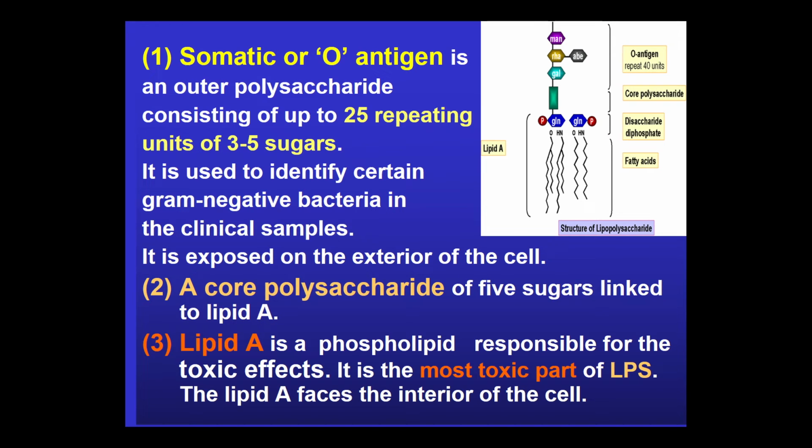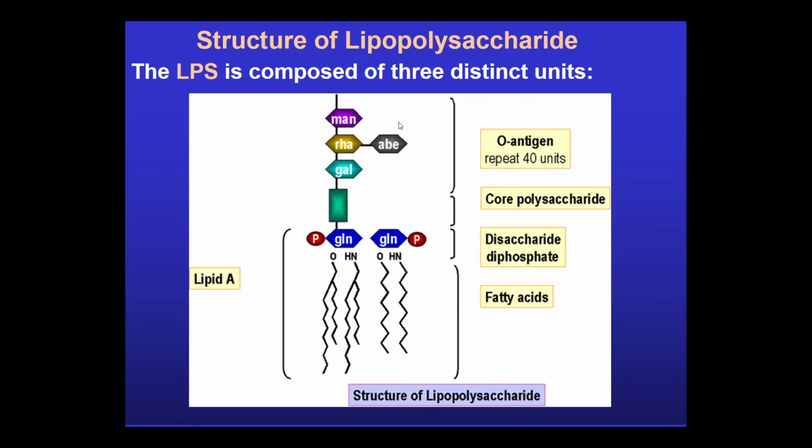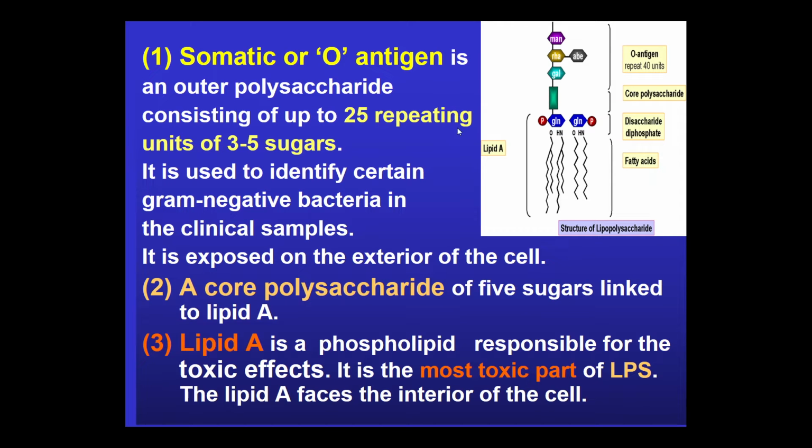The upper part of the lipopolysaccharide is the so-called O-somatic antigen. It is made up of up to 25 repeats of 3 to 5 different sugar residues.